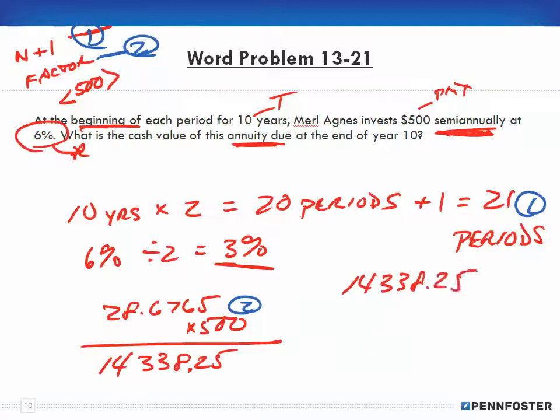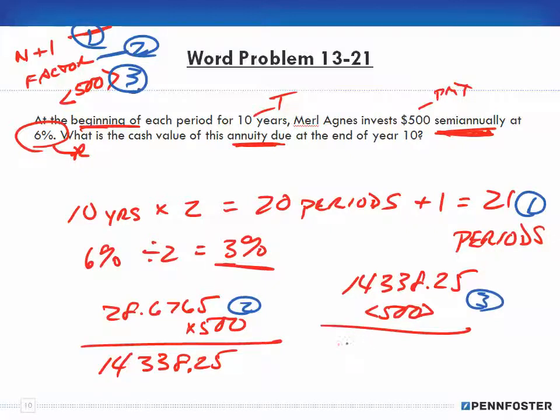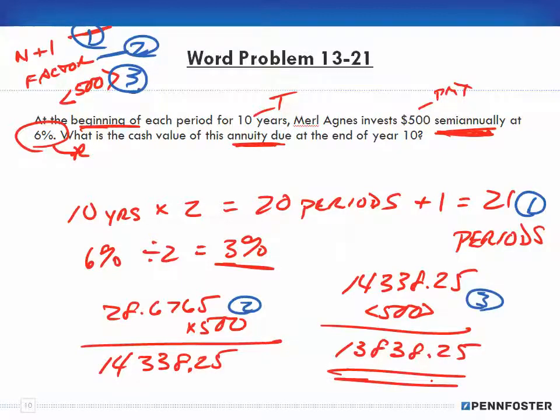Then step number 3 is that we have to subtract out one of the payments. We subtract out the $500, and we end up with $13,838.25. That's the value of the annuity due at the end of 10 years.